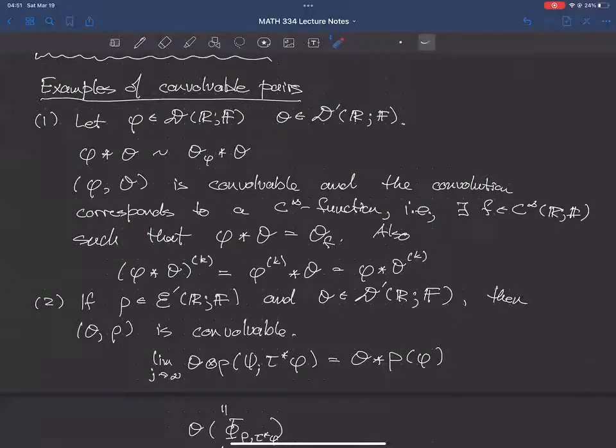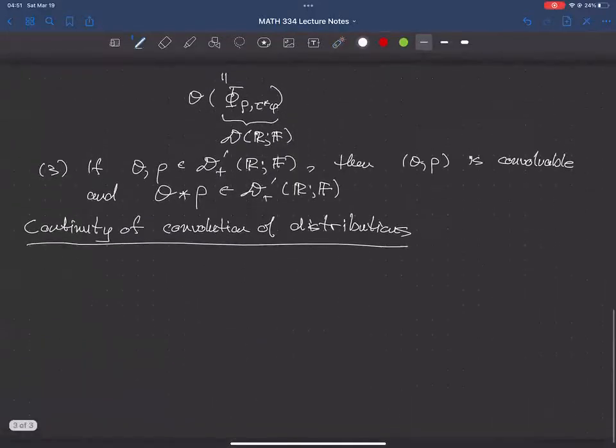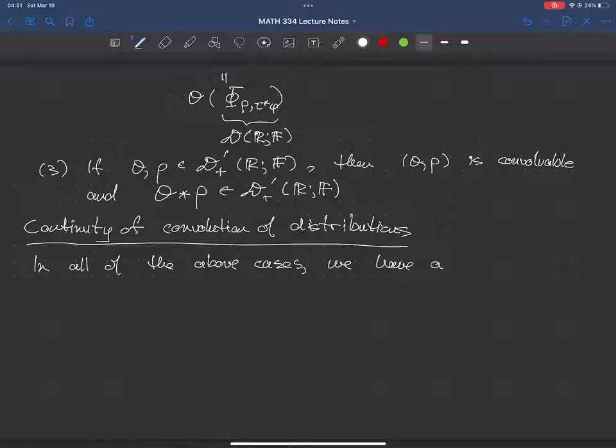So for example, if you fix theta, then it's continuous in phi, and if you fix phi, then it's continuous in theta. All right, so in all of the above cases, we have a certain type of continuity.